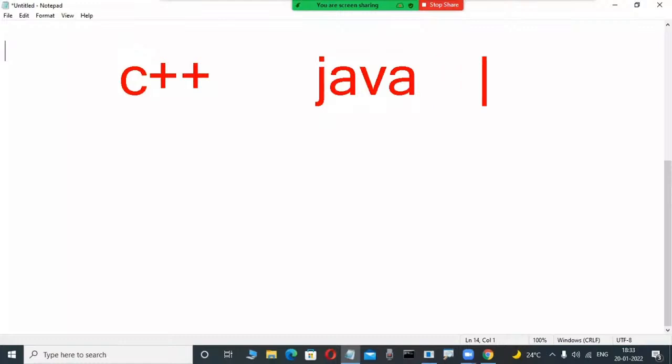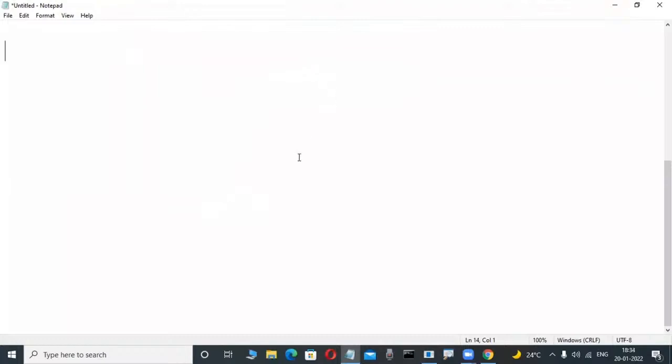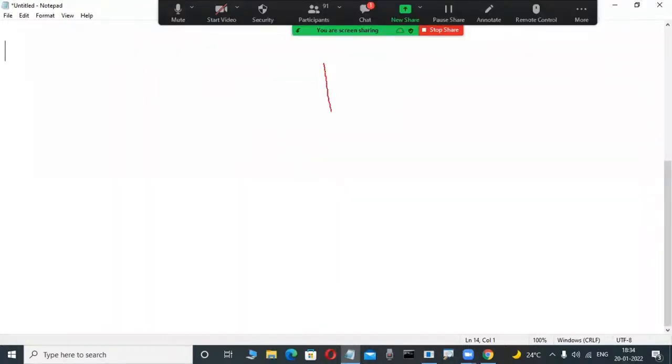C# .NET is an object-oriented language. VC++ is an object-oriented language. Suppose I take two languages as an example. Through that, the same concepts are there, and through similar concepts we will observe whether these SQLs are different or the same.